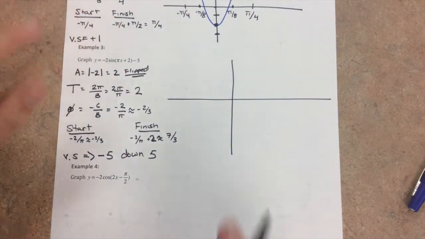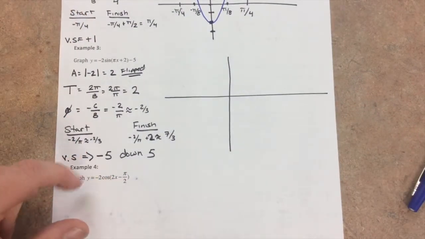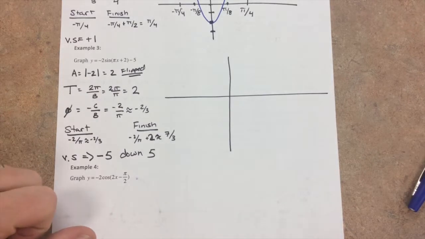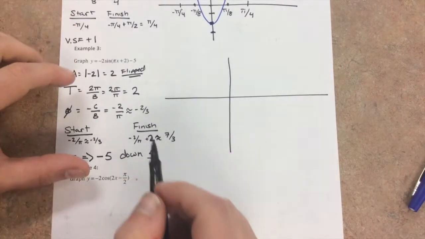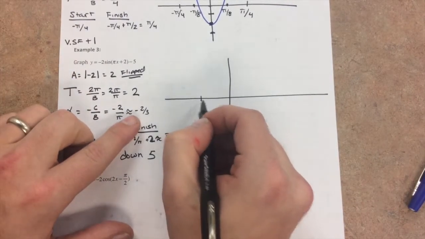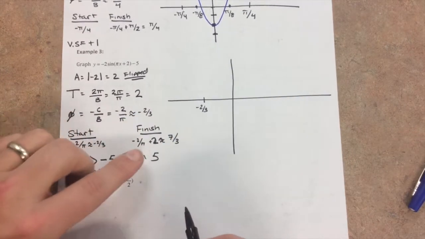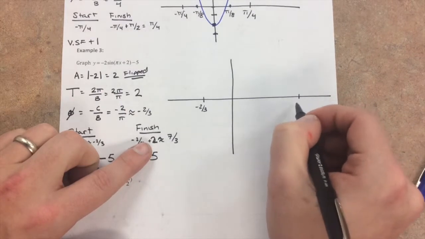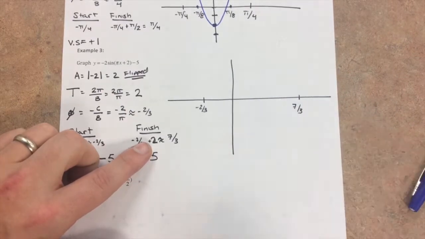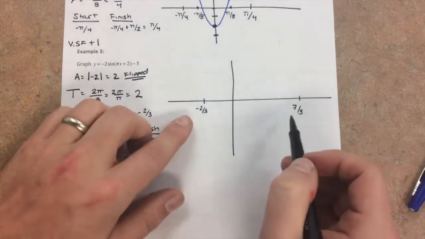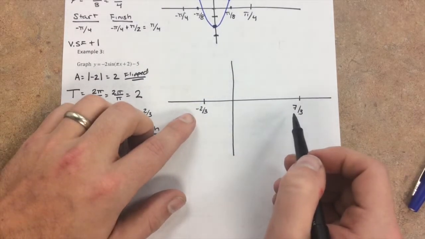So I'm going to start and then move everything down 5, because I think that's the easiest way to go. So I go to my starting spot. We're going to call this negative 2/3. And I'll go to my finish spot, which is 7/3. We're going to add these two together, divide by 2.